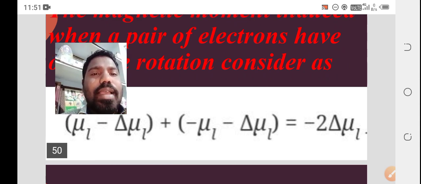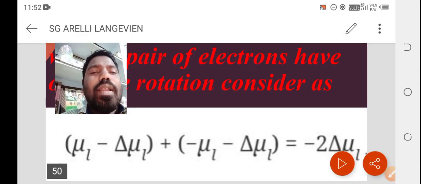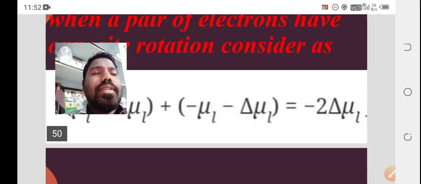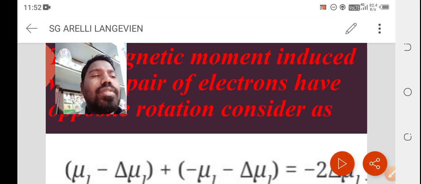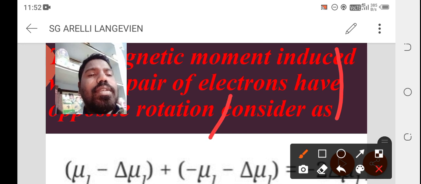It is considered as mu L minus del mu L plus minus mu L minus del mu L. So here you simply analyze what it is considered.